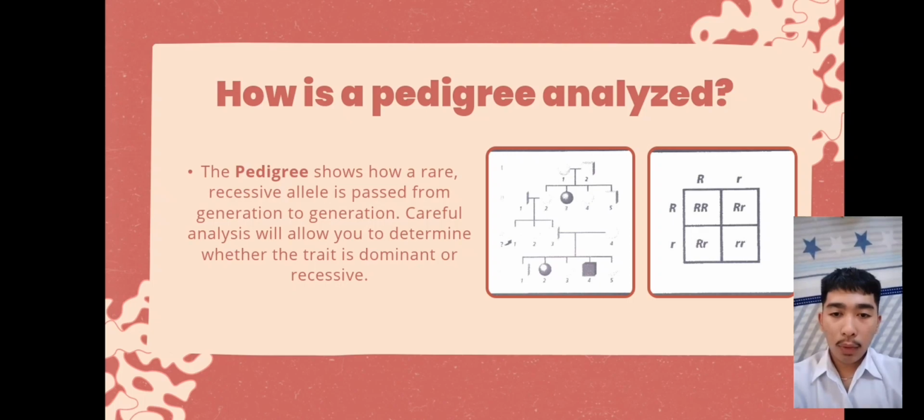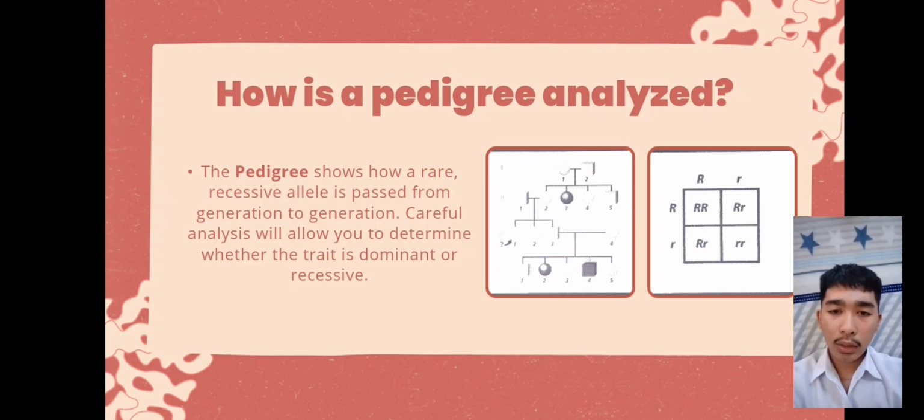Analyzing a pedigree involves examining the family tree, identifying generations, differentiating genders with symbols, shading affected individuals, understanding symbol meanings, tracing lines to connect family members, determining the inheritance patterns, dominant or recessive, assessing consistency across generations, and considering genetic counseling if the pedigree suggests a risk for genetic disorder.